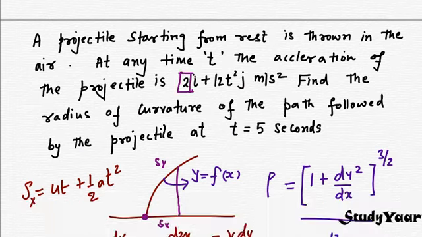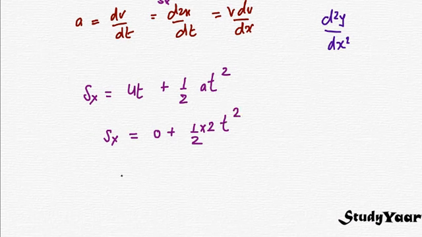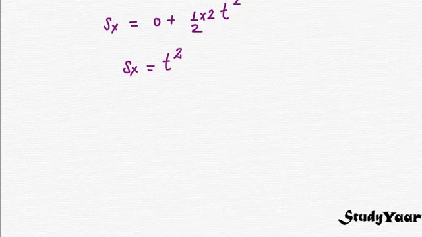In x direction your acceleration is constant and is equal to 2. So you have half into 2 t square, and what you get is sx is equal to t square. At any given time t, your sx can be found by using this equation. Now let's look at sy.